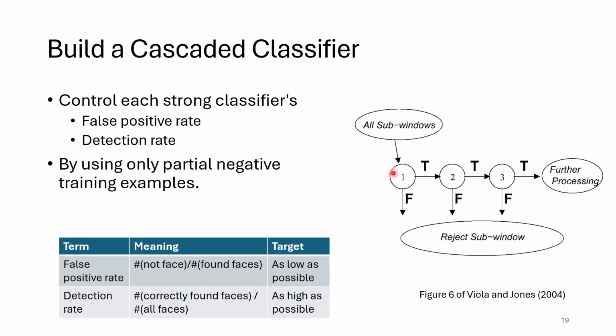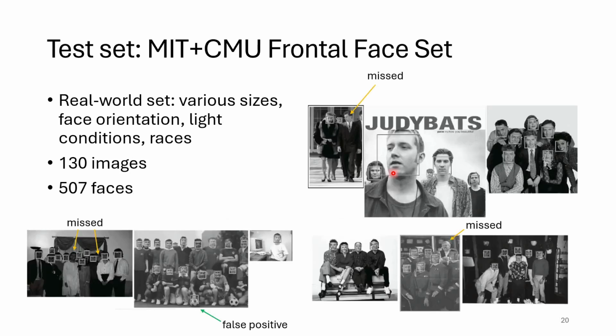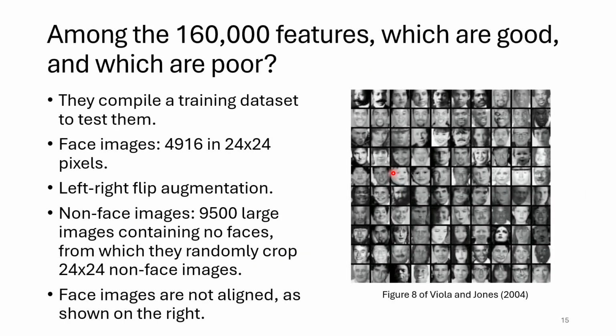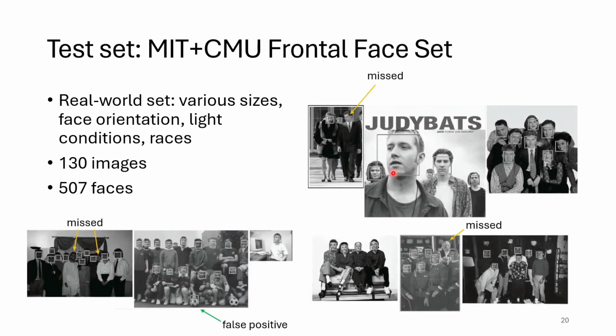The first one is the fastest, because it only uses a single feature. It can compute very quickly, but it will generate many false positives. So this is their training samples, and they train their classifier, then apply it to the test set.